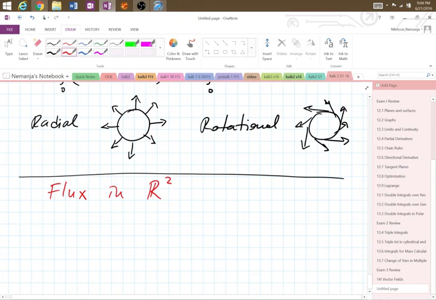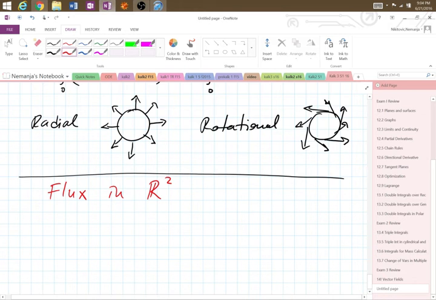I'll do it. Now, what's the flux, guys? It's how much stuff you can fit through the space. So you have the C, the curve, which is going to outline a certain area.